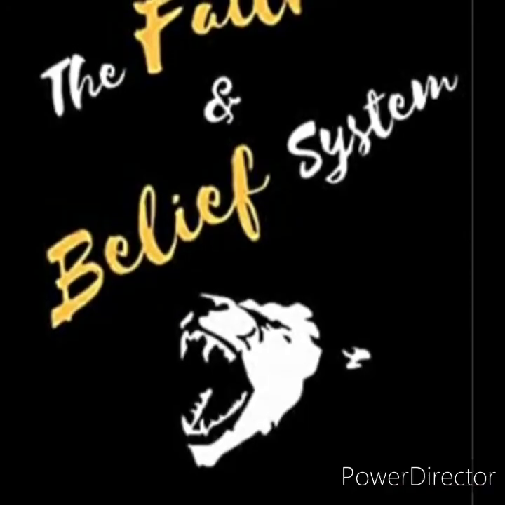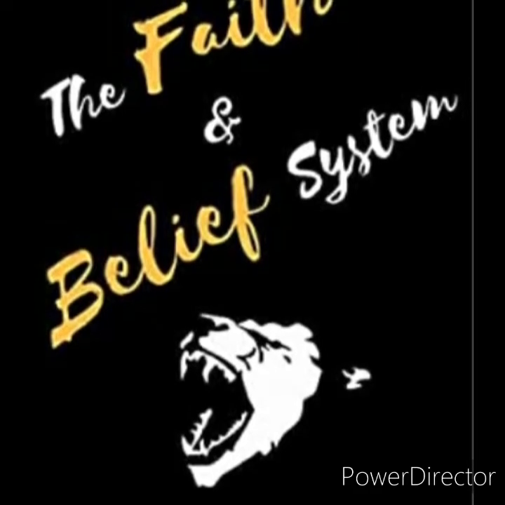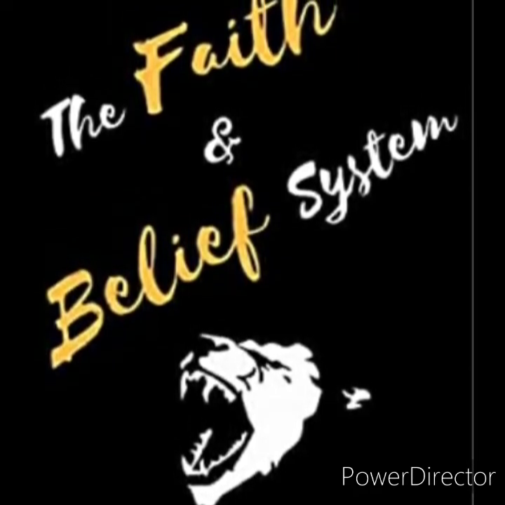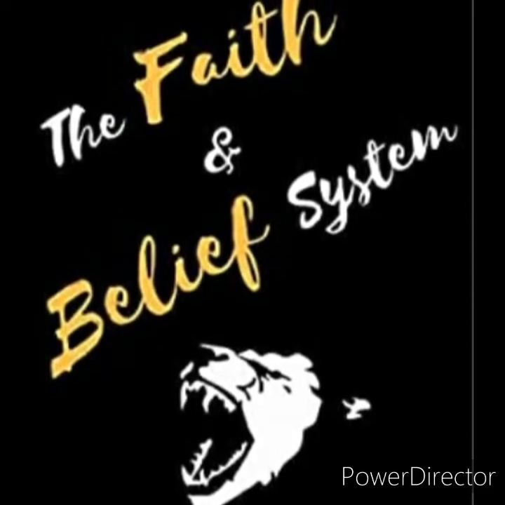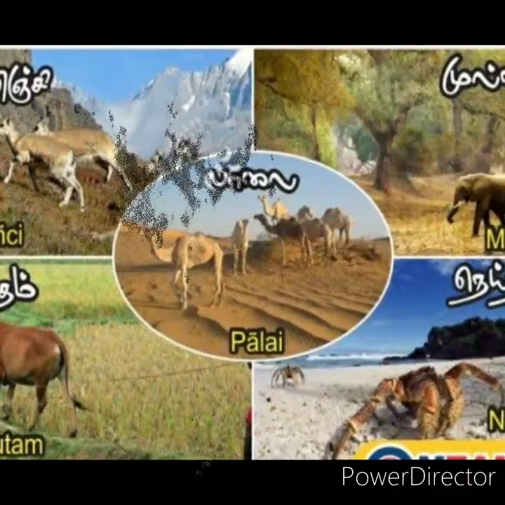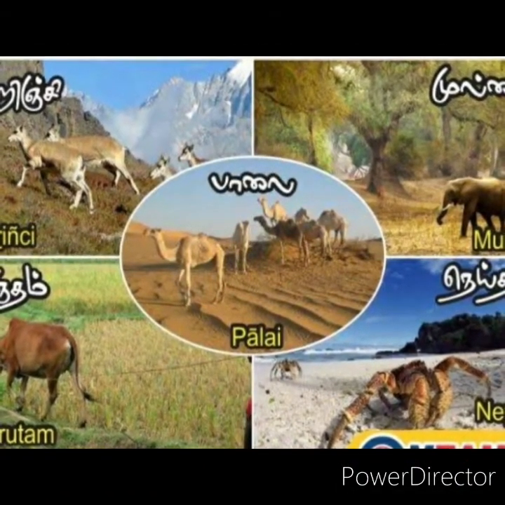Faith and belief system. The belief system of the Sangam age consists of animism, ancestor worship, hero worship and worship of several deities. Tolkappiyam lists the presiding deities of Kurinji, Mullai, Marudam, Neidal and Palai landscapes.